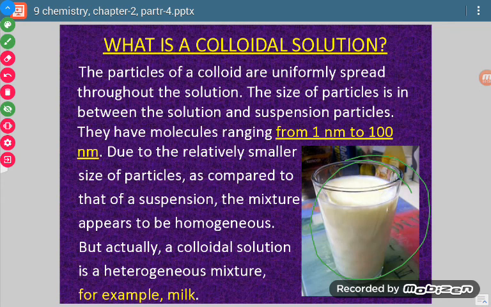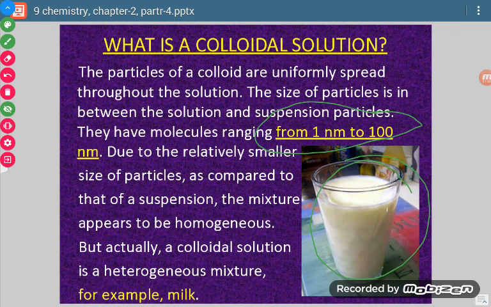Particle size is 1 nanometer to 100 nanometer. In case of solutions, particle size is less than 1 nanometer. In colloidal sol, it is between solution and suspension. Suspensions have particle size greater than 100 nanometer.